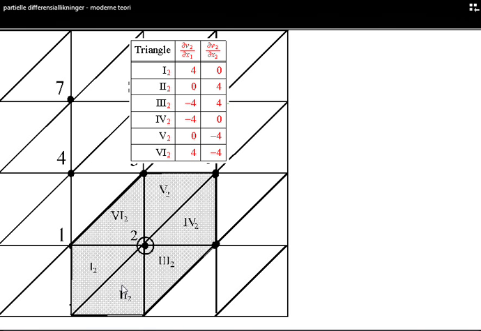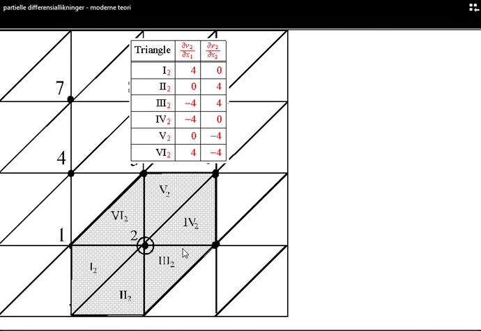The index is related to the number of the node, but the triangle 1 is on the same place relative to this node. So we have 1, 2, 2, 2, 3, 2, and so on. And the partial derivatives are, of course, of the same type.